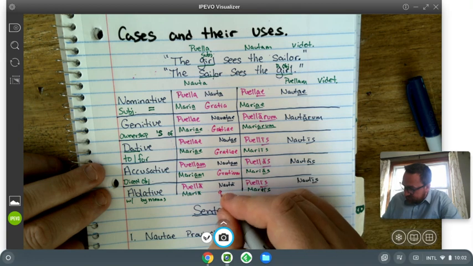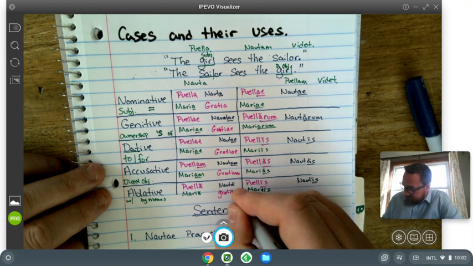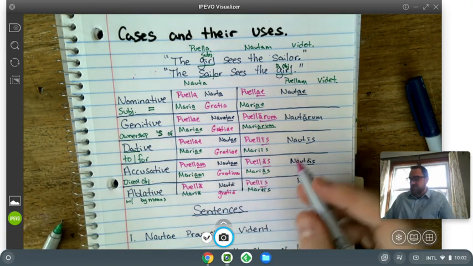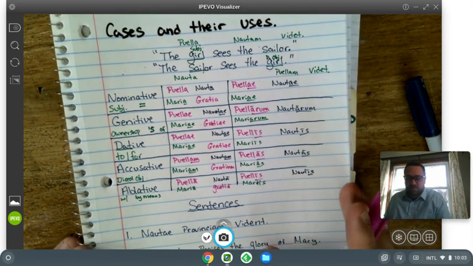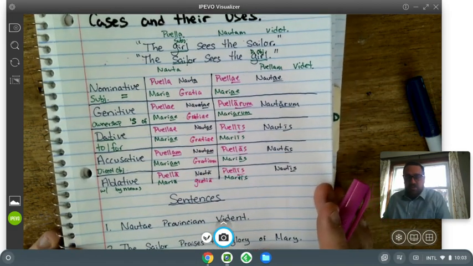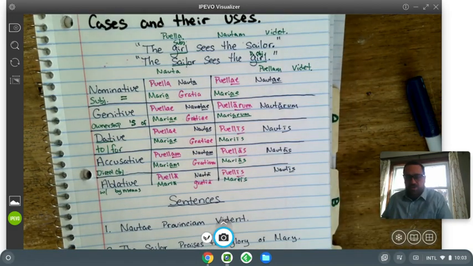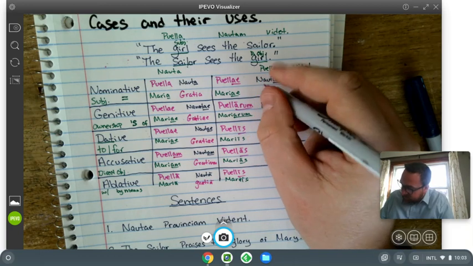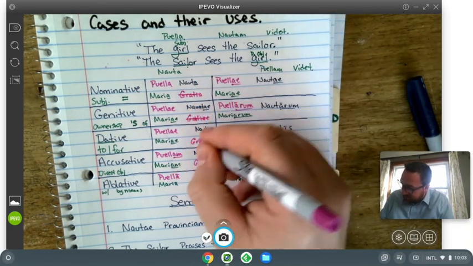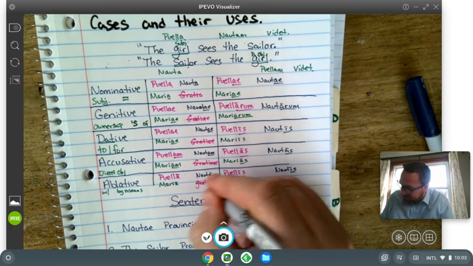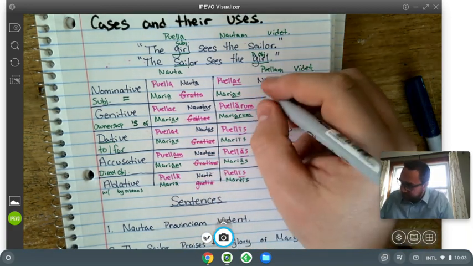Gratiam. Gratia. But again, we're not going to use these words because usually grace is only ever given in the plural. We kind of use grace in the singular in English, but in Latin, not so much. So these are the versions of this word that you're likely to see. I'll put a little line through them just to show that they're not really used, but they exist. Okay?